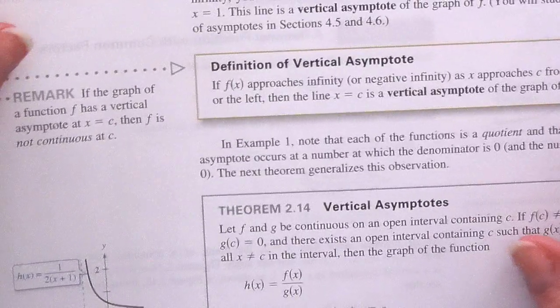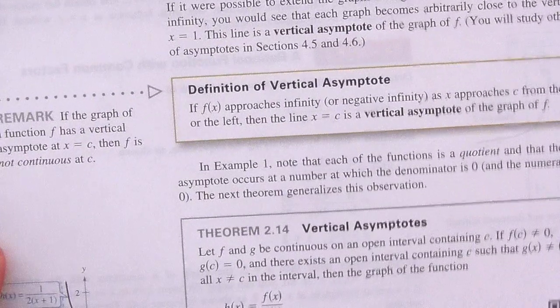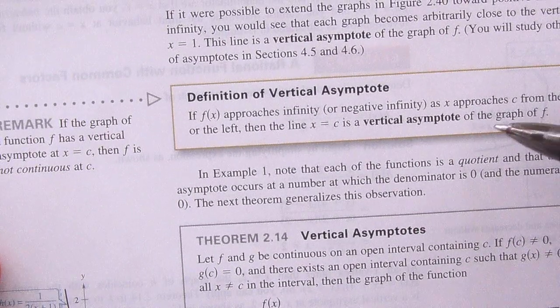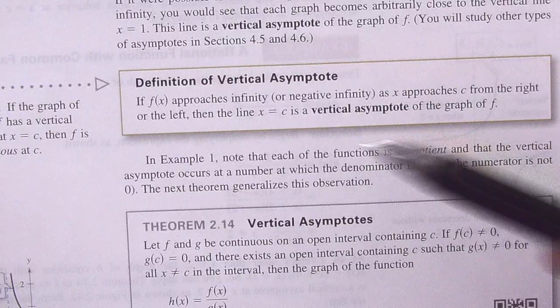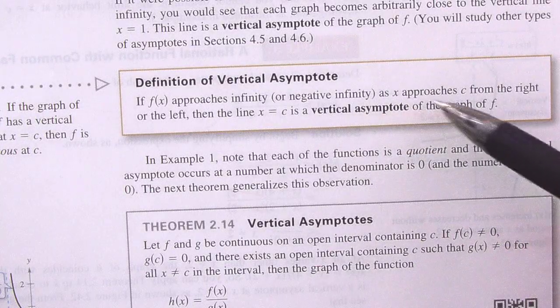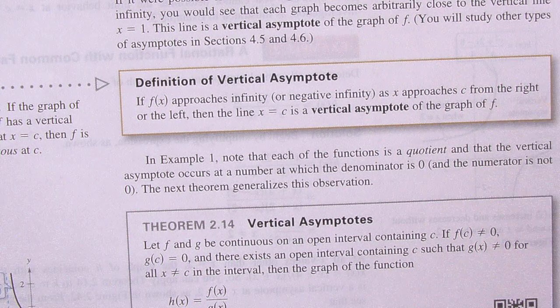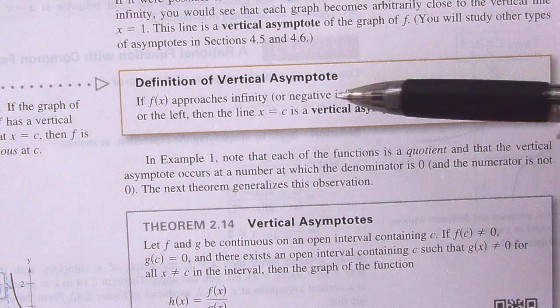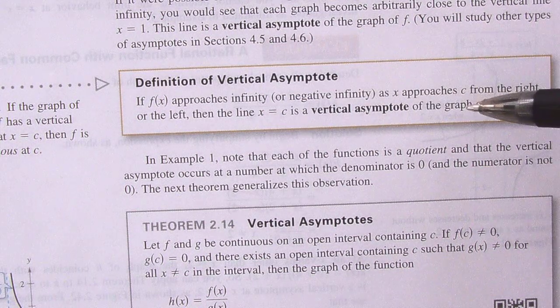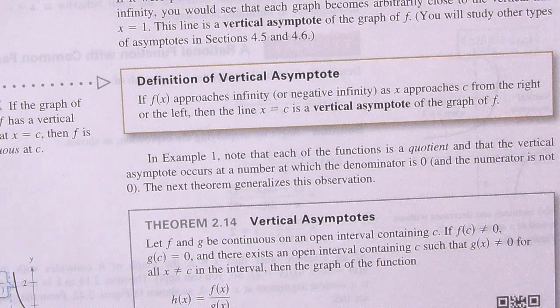If you look on page 109, definition of vertical asymptote, we already talked about it: if f of x approaches infinity or negative infinity as x approaches c from the right or the left, then the line x equals c is a vertical asymptote. So that's what we were talking about, finding the vertical asymptote using limits.